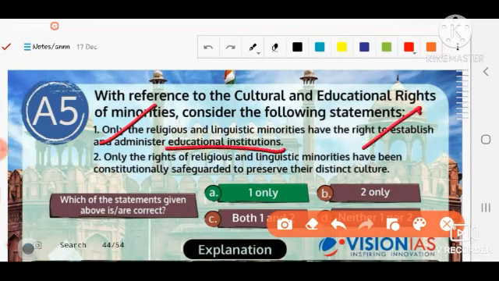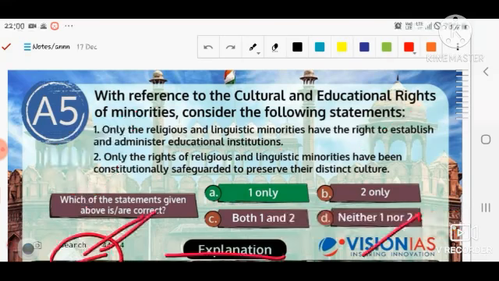Yes, that is right. Only the religious and linguistic minorities, as per Article 30, have the right to administer educational institutions, in which there are reservation criteria also added by the Supreme Court. They said that 25% of people under the RTE Act from the community to which they belong, for example the Muslim community, has the criteria of 25% background people, so that they can be engaged through the RTE Act as per the Supreme Court verdicts.